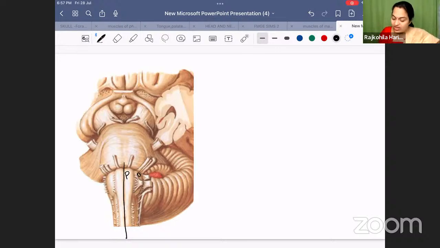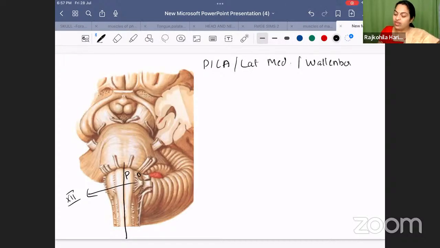Between the two, this nerve that's emerging out is the 12th. So the PICA syndrome, or the lateral medullary syndrome, or the Wallenberg syndrome, as the name indicates, is lateral medulla. So this 12th nerve, which lies on either side of the midline, is not going to be involved, right?